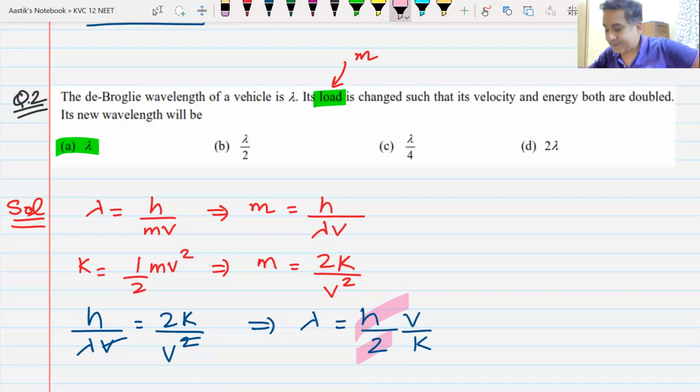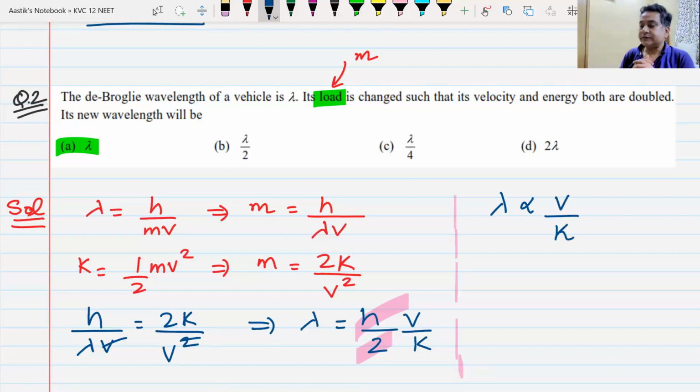So lambda is proportional to v by k, if you eliminate mass. It is directly proportional to v and inversely proportional to k.